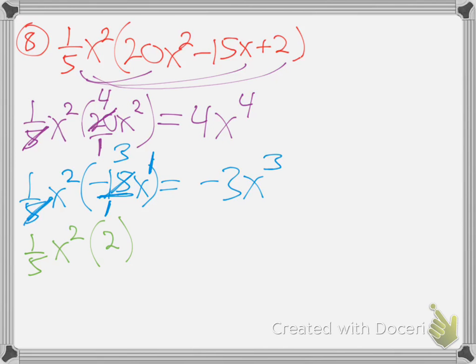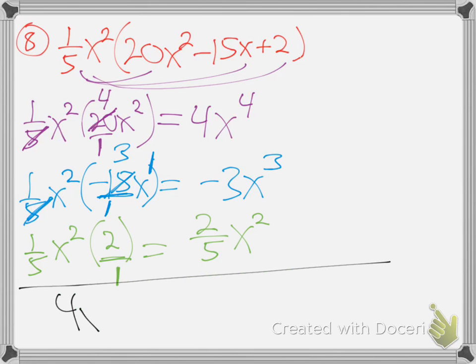Now what happens on the third one? I mean, if I put that 2 over 1, nothing can cross cancel. Yeah, so it's just 2 over 5 x squared, isn't it? Because nothing can cross cancel there. All right, put them all together. That's it, those three.